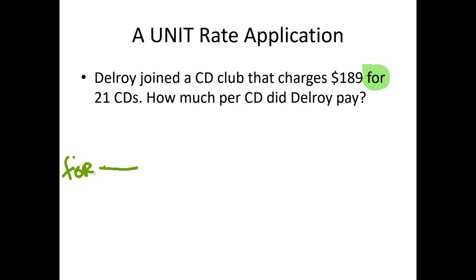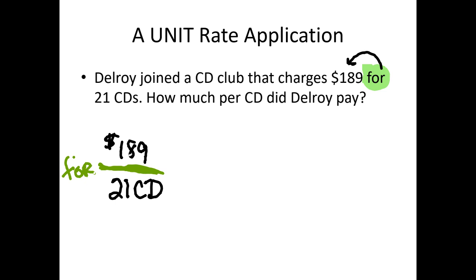Now, what goes on top is going to be what comes in front of the word for, $189. Now, after the for is 21 CDs. That's your ratio. This is your first sentence.